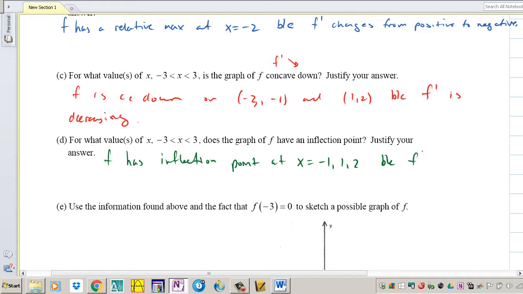So because f prime changes from increasing to decreasing and decreasing to increasing. So this is a good way to explain both cases like this. Rather than trying to explain each individual point, you can just say it changes from increasing to decreasing or decreasing to increasing at these points.